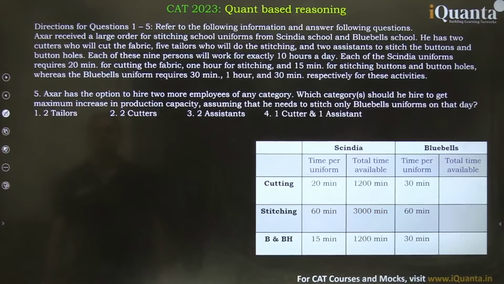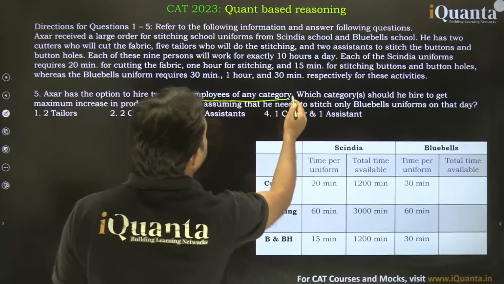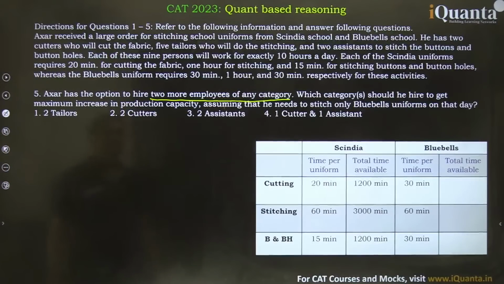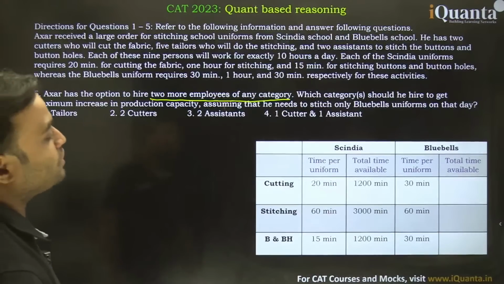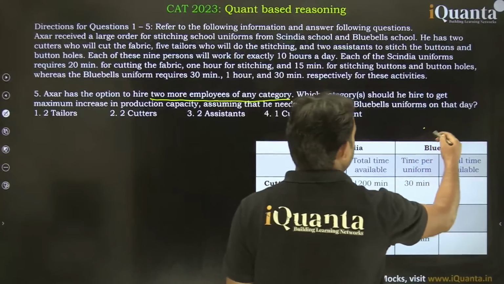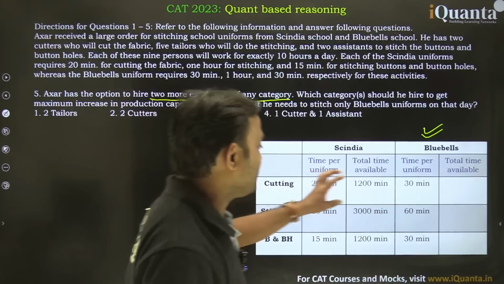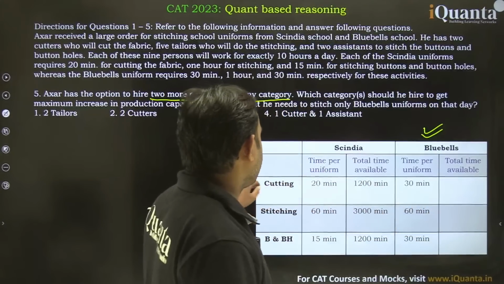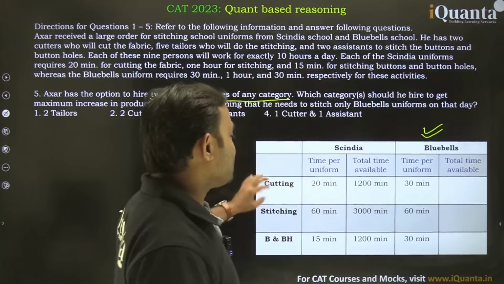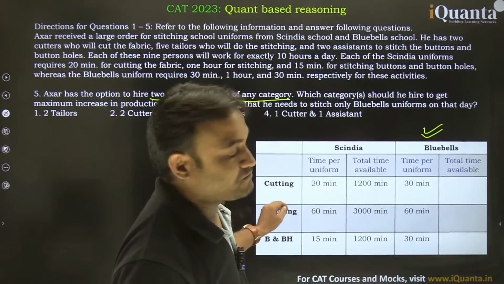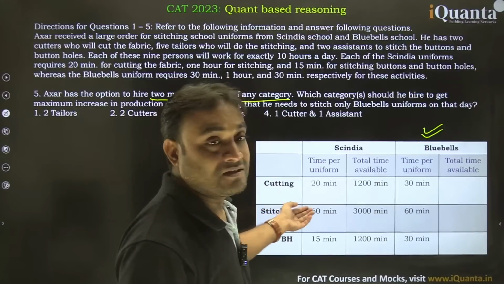Now, fifth question, it says Akshar has option to hire 2 more employees in any category. Which category should he hire to get maximum increase in production capacity, assuming that he needs to stitch only bluebells uniform that day, only bluebells. So we already saw that in case of bluebells, number of uniform prepared by cutters were lesser than number of uniform prepared by the tailors, right?